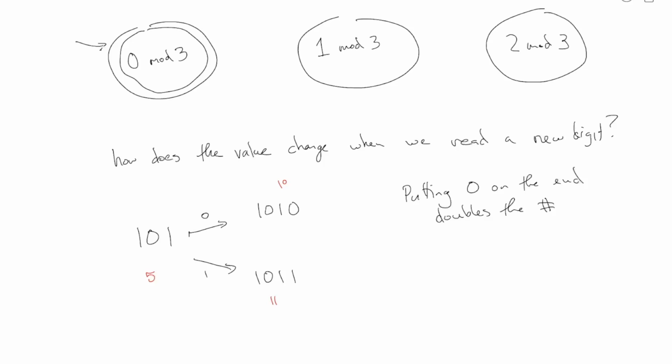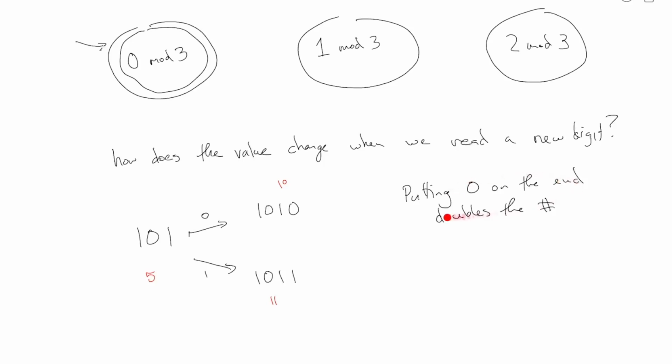The reason that's true is that if you have a base 10 number, all the digits represent powers of 10. By adding an extra 0 onto the end, you're shifting all the digits to the left by 1, which means you're increasing all the exponents by 1, which is the same as multiplying everything by an extra 10.